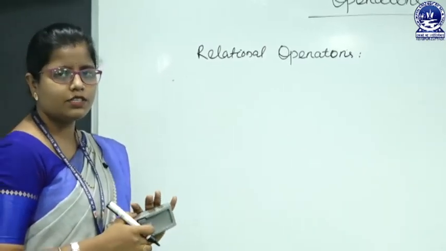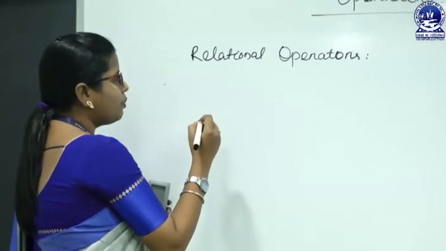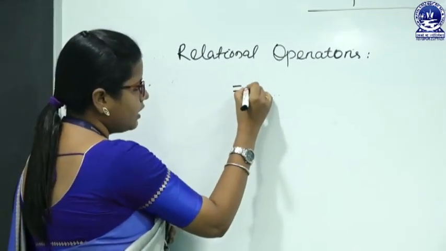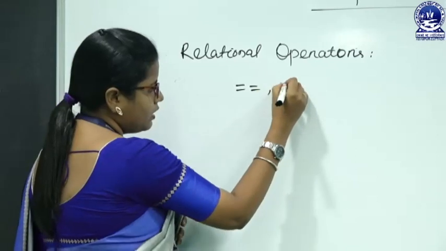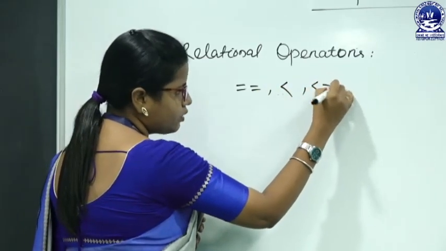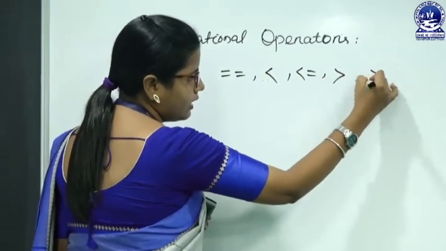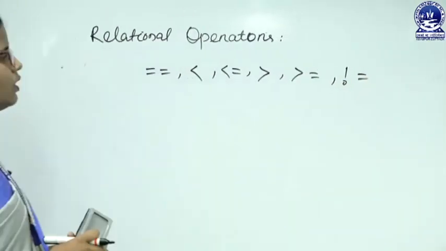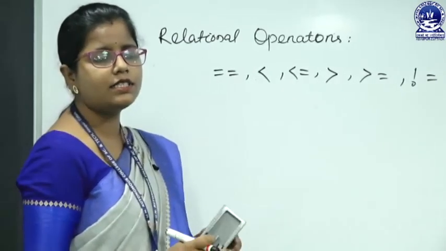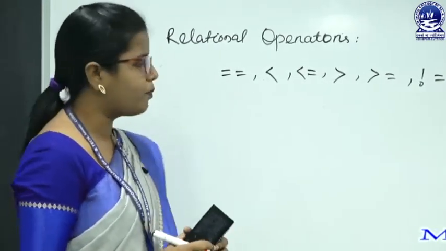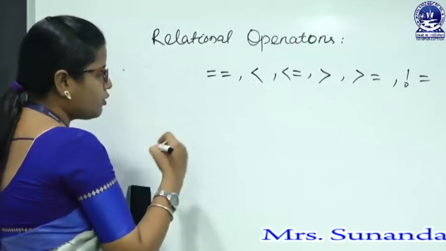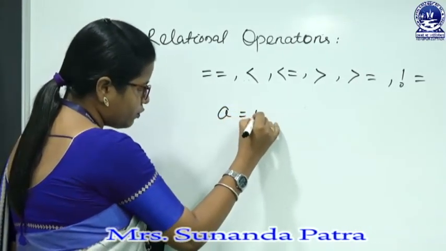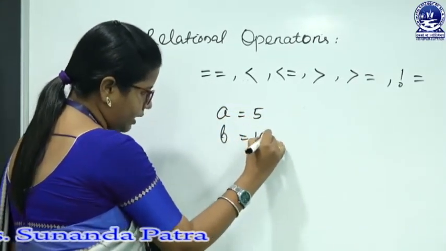Next is relational operator. So, we are having relational operators like equals to, less than, greater than, less than equals to, greater than equals to, and not equals to. These relational operators are used for comparison. The first one is equals to. Suppose A equals to 5 and B equals to 10.